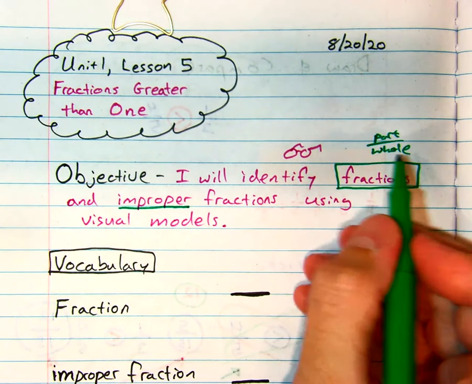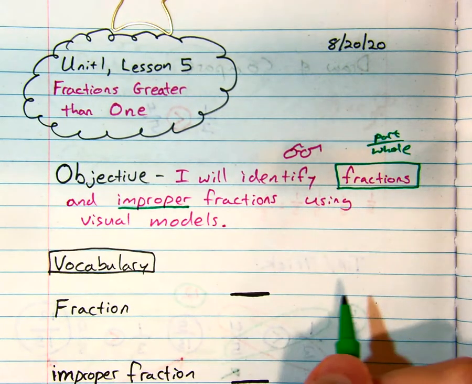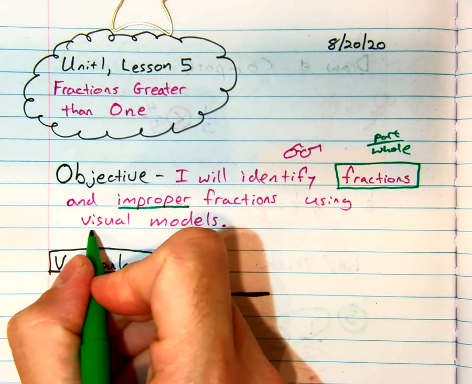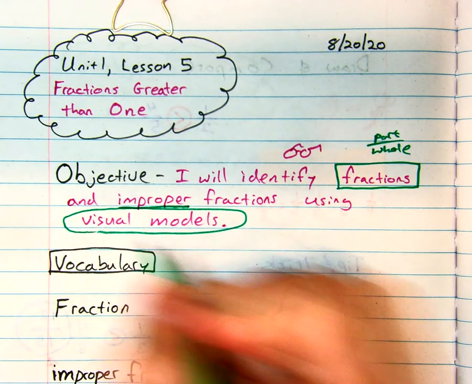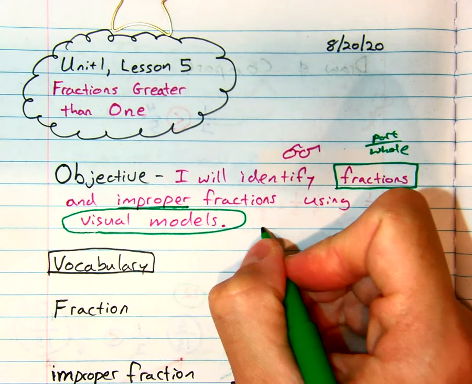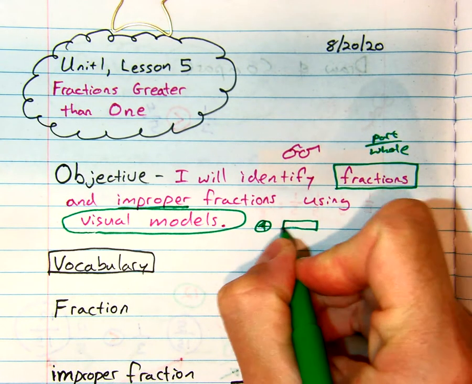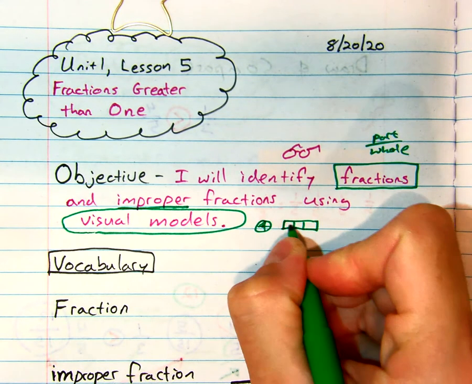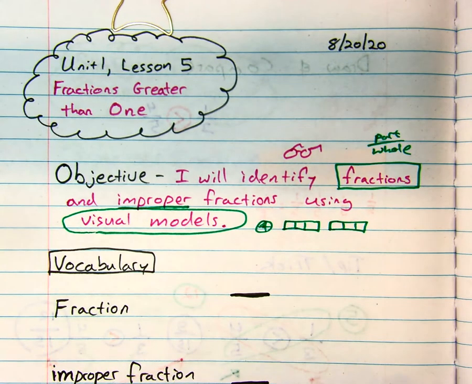So in a fraction, we have the part over the whole. There's going to be something a little different when we talk about it. Now, as far as the target here, we're talking about visual models. So we will be doing some drawings. So we will be drawing some fractions, maybe some bars, 3 parts. So we will be doing some drawing on the next page.